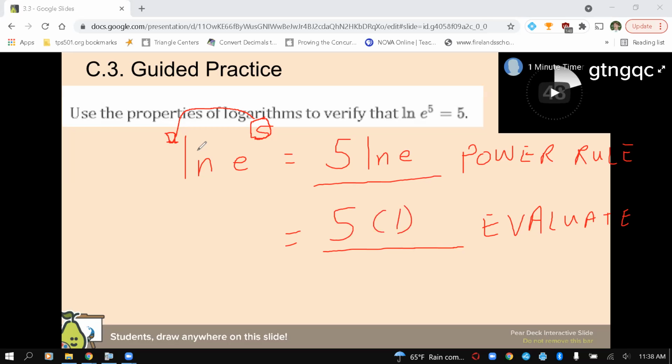What's 5 times 1? 5. Because remember, the natural log of e is log base e of e. So you're asking yourself, e to the what power is e? What do you have to raise e to get e? 1. e to the first power is e.